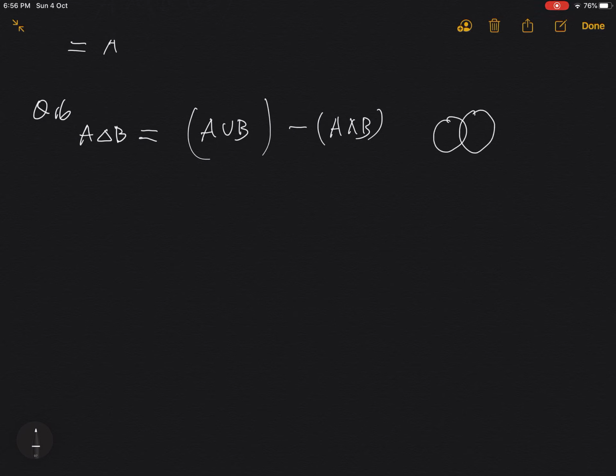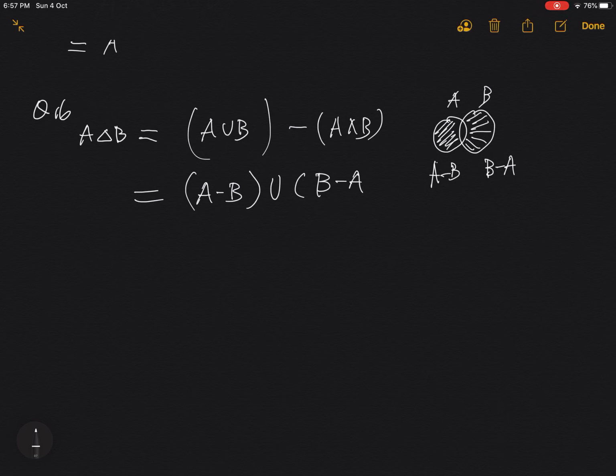So it's in A or B, but we need to remove the intersection. From the Venn diagram, we can see the left side is A minus B, and the right side is B minus A.